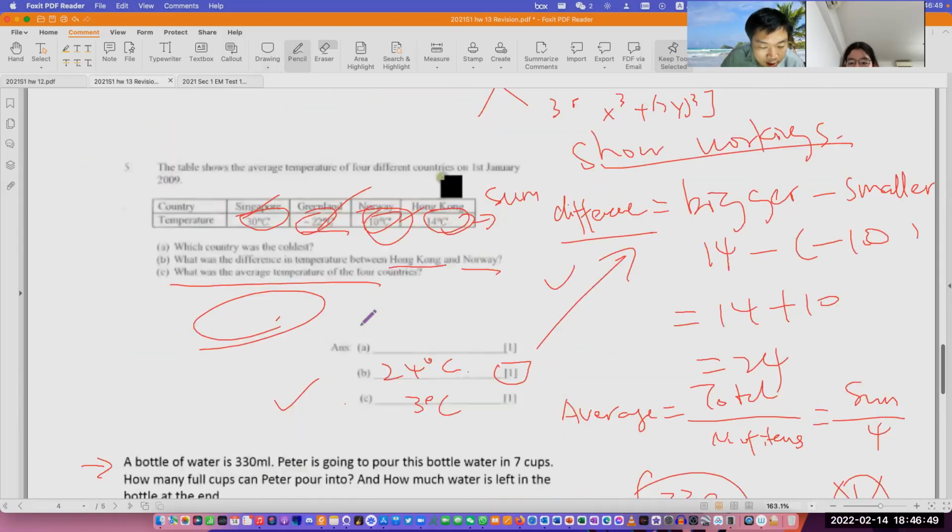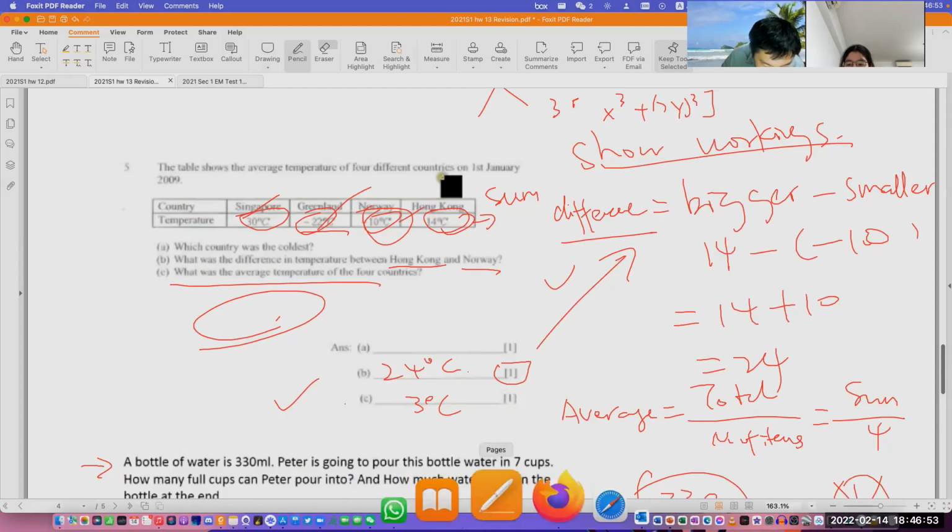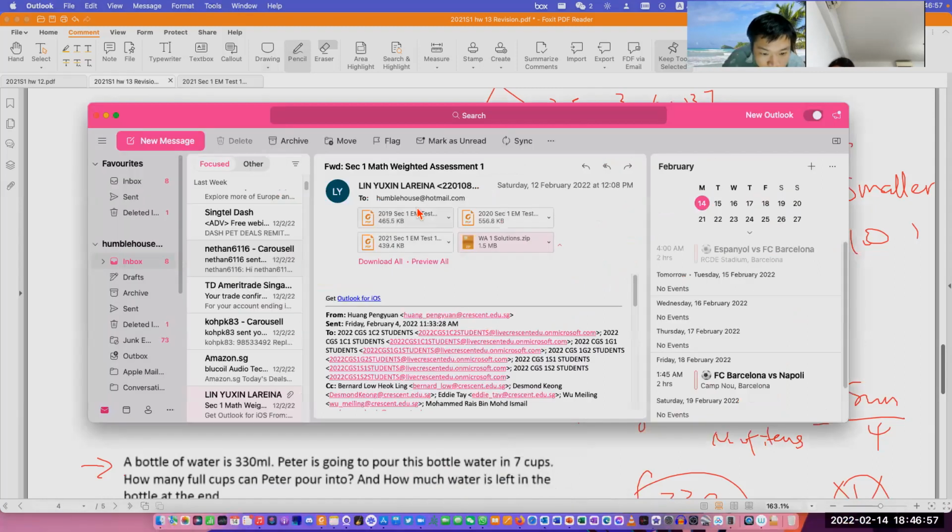Basically, I cherry picked the questions from these 1, 2, 3 PDFs, which are the 2019, 2020, and 2021 common test 1 papers from Yuxing, for tomorrow, Wednesday.